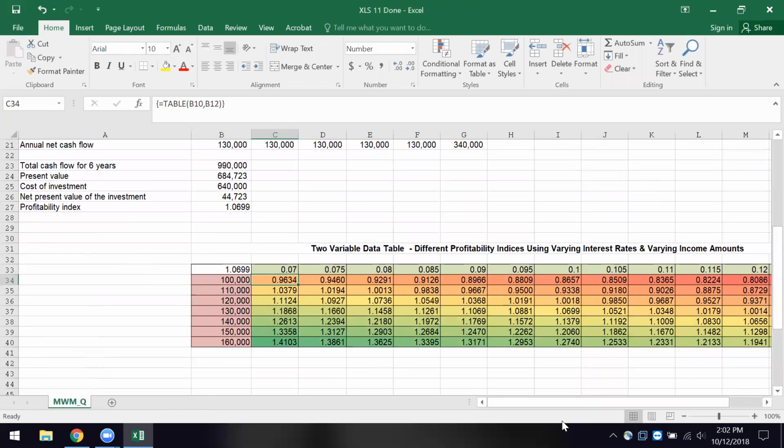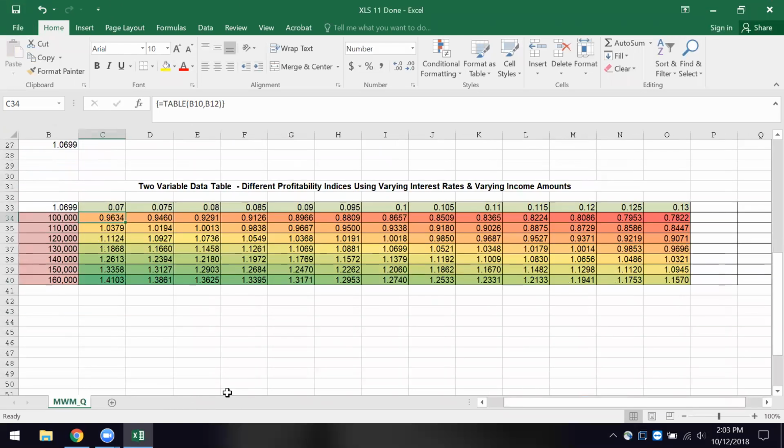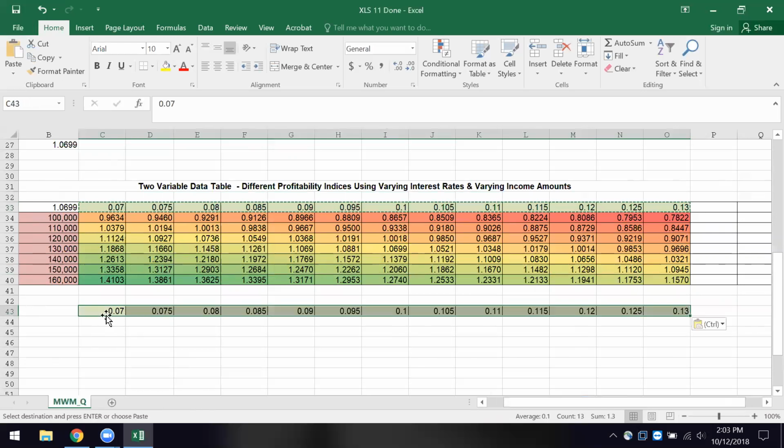Now I'm going to go down here and let's just play with this for just a second. All right. And I'm going to copy all of these interest rates. I want hopefully to show it to you in action. Here are the different interest rates.